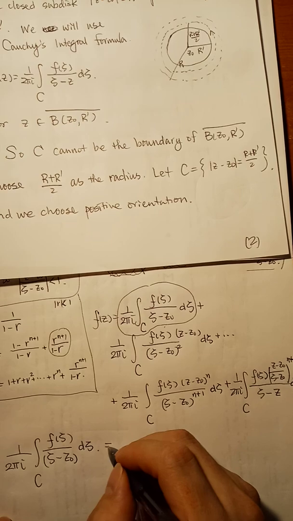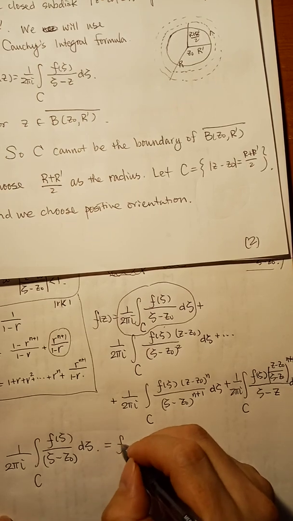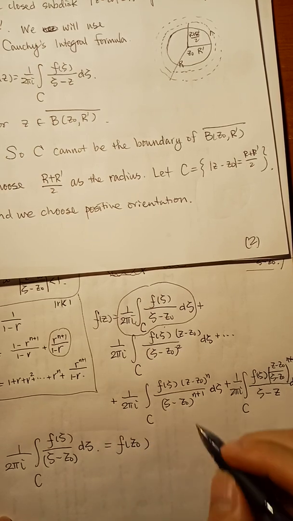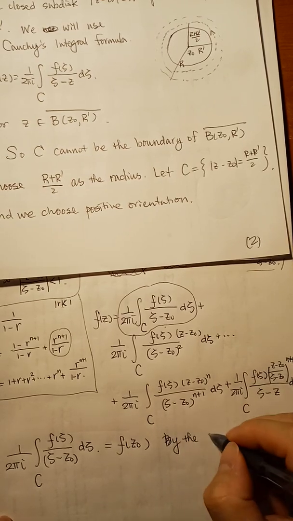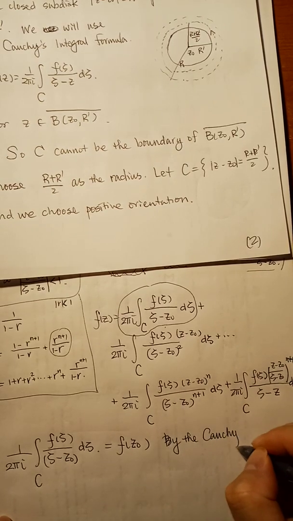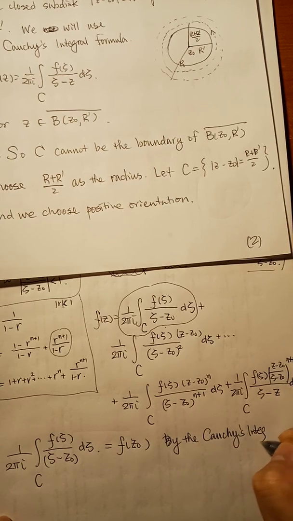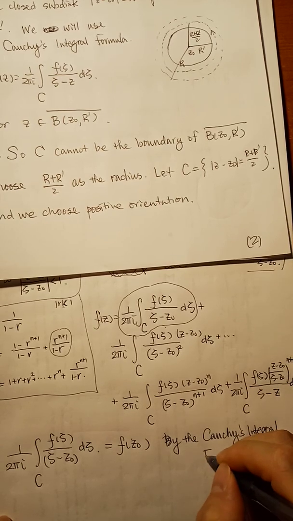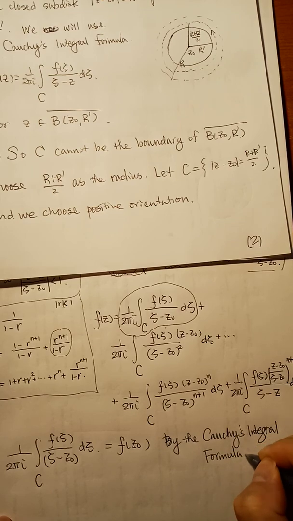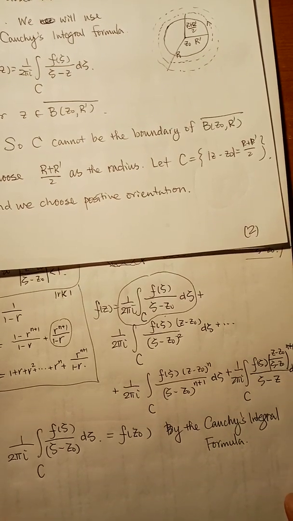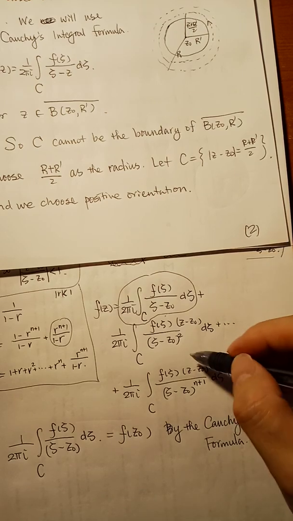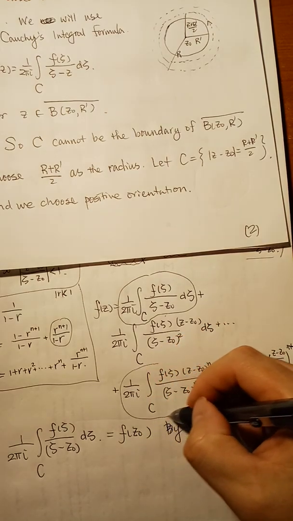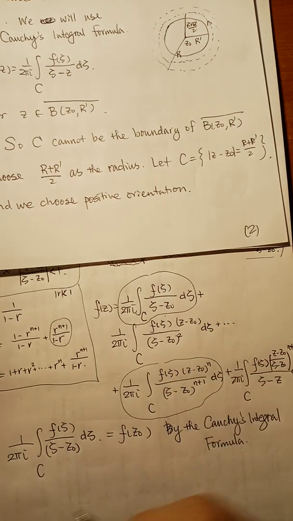So by the Cauchy integral formula, it is equal to f of z0. Okay, it's exactly f of z0, and this kind of term, let's check the general term.